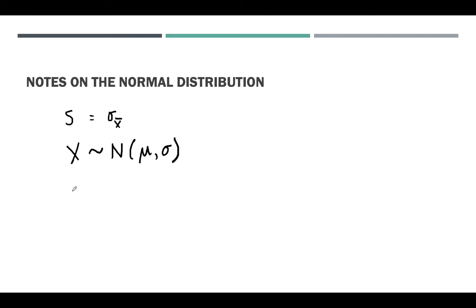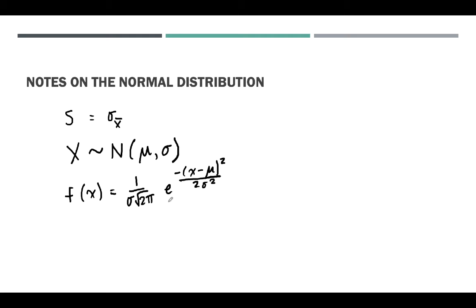There is a PDF, a probability density function, and just for continuity with the previous video and the previous discussion on continuous variables, I'm going to show it to you. So here it is: 1 over sigma square root of 2 pi, e to the negative (x minus mu) squared over 2 sigma squared.